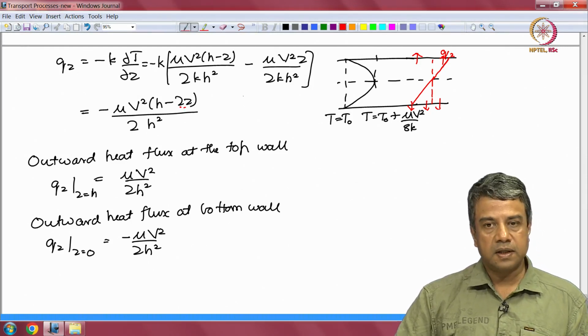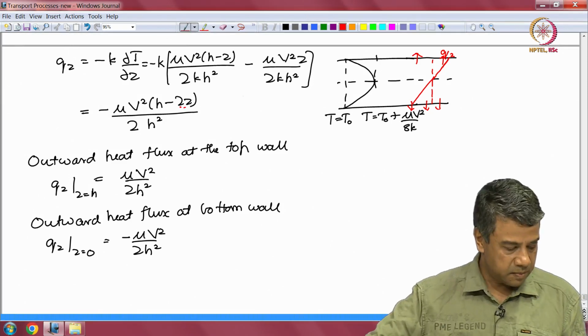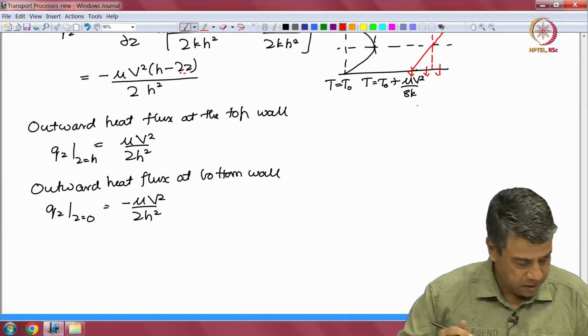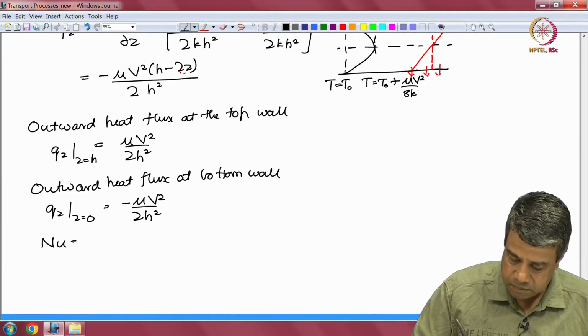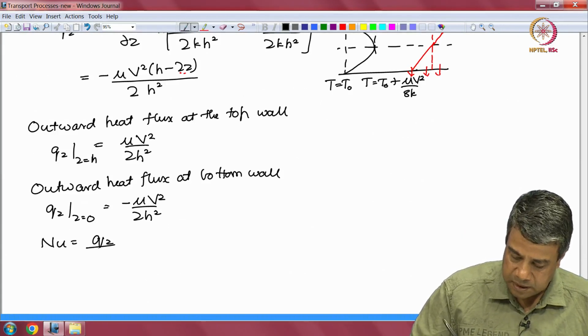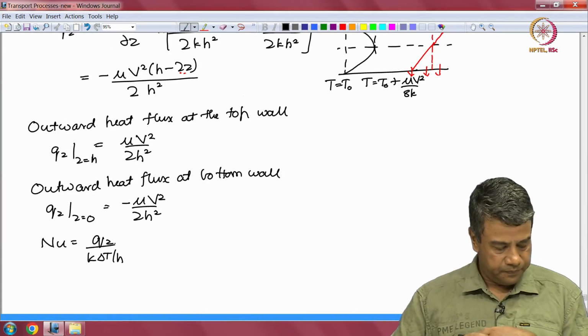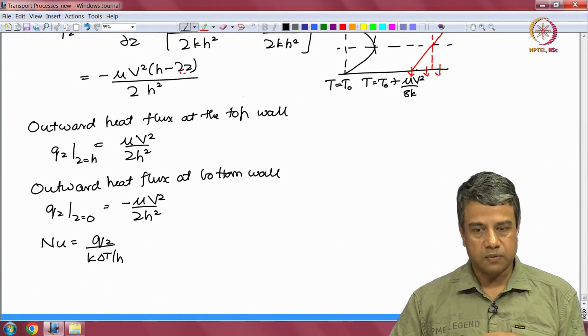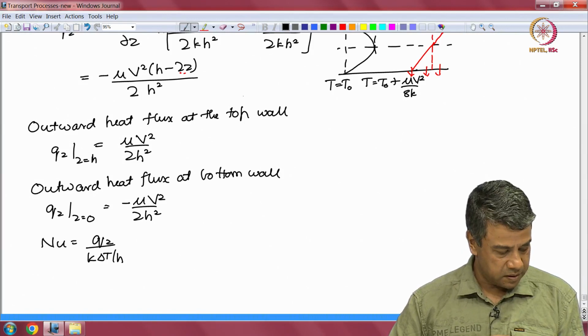Now, we can calculate a Nusselt number for this. So, if I had a heat transfer problem, I would take the Nusselt number as Qz by K delta T by H. For each wall, this Qz is equal to mu v square by 2h square.